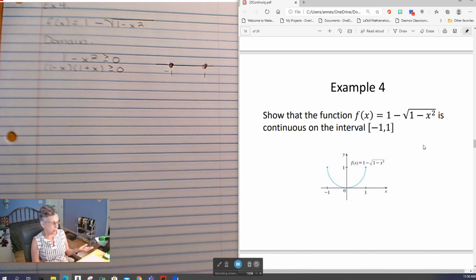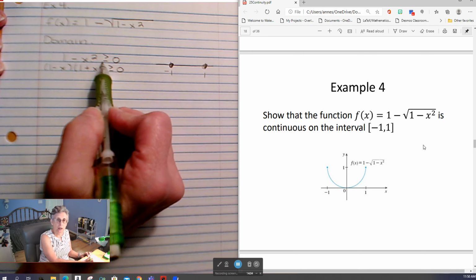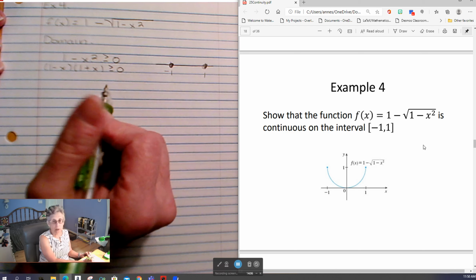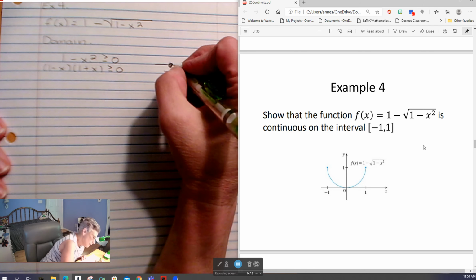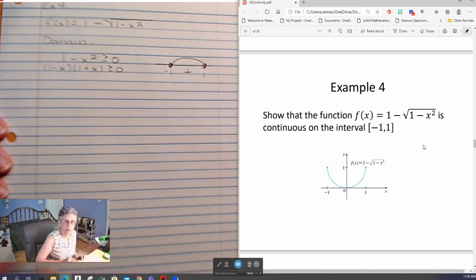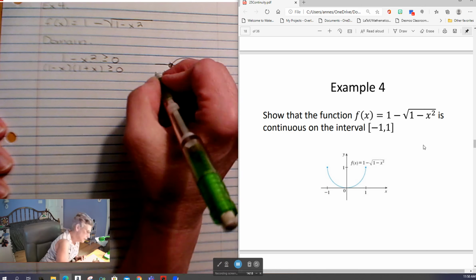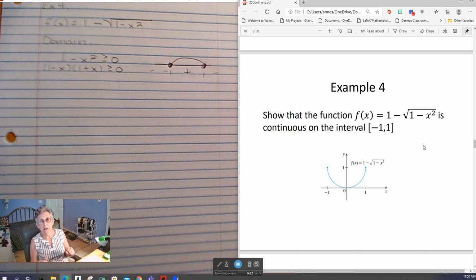And now I think about, what does 1 minus x squared look like? Well, it has a negative leading coefficient and an even exponent, so it's a sad parabola. It's a parabola that faces down. That means it's positive between -1 and 1, and it's negative less than -1 and greater than +1.